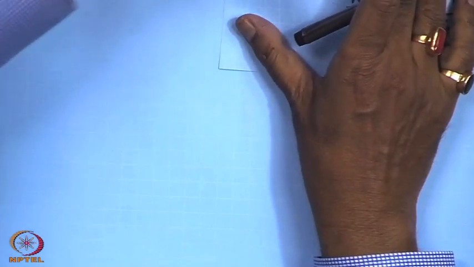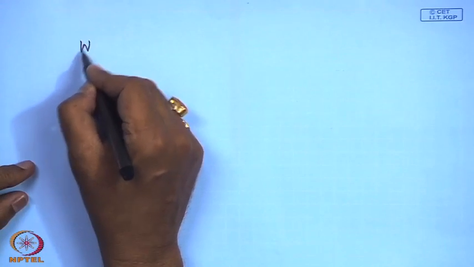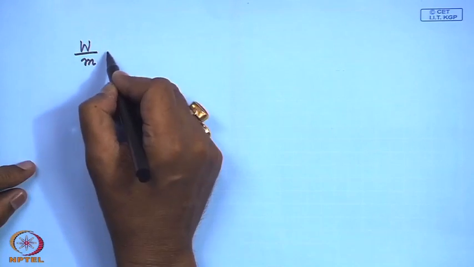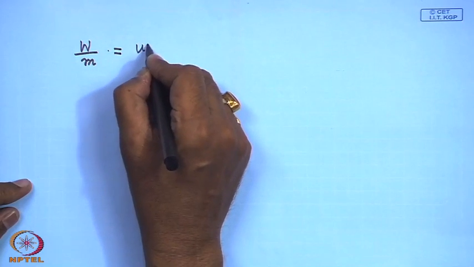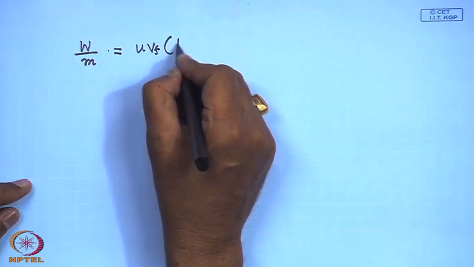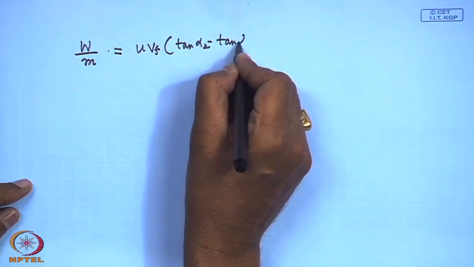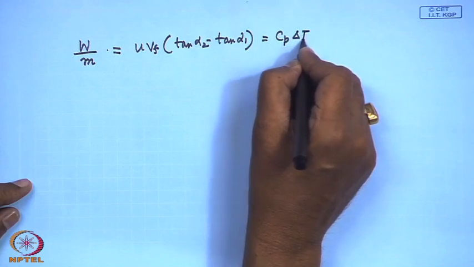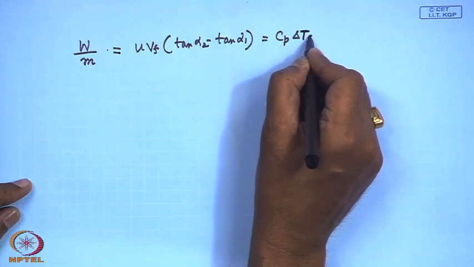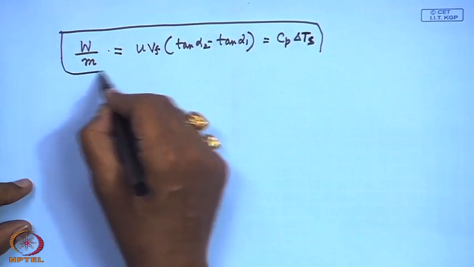Now, in the rotor, the energy is actually given. So, W by M is written in terms of the total one, that means U Vf. Again I am writing, for your convenience, (tan alpha 2 minus tan alpha 1), and this is equal to Cp delta T_S, the static temperature rise per stage, because the static temperature rise is equal to the stagnation temperature rise.